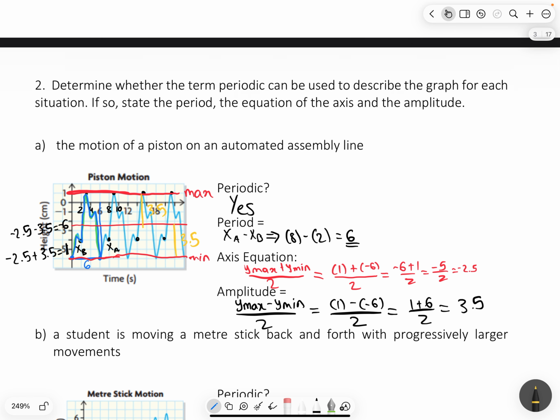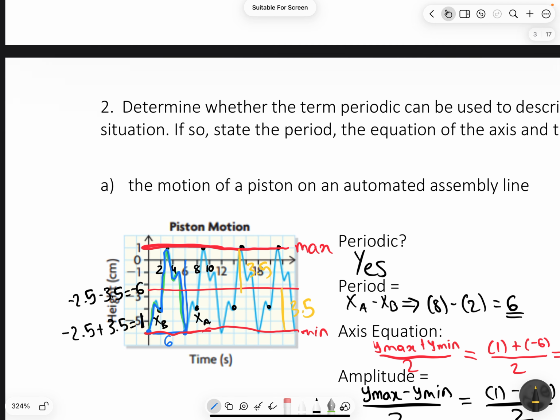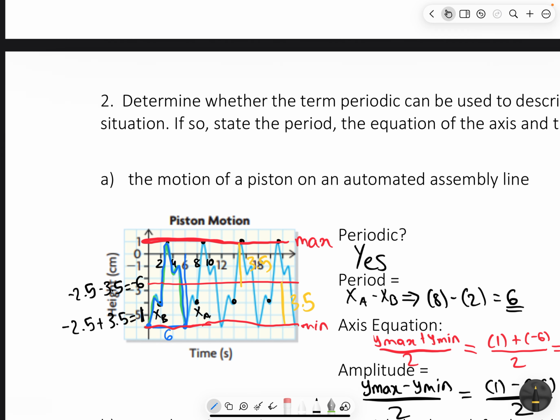Now what I would do here, the other way you could also do it, is that you could just subtract -2.5 from 1, and you would still get your value of amplitude, right?